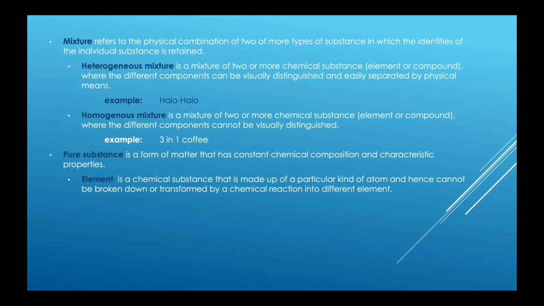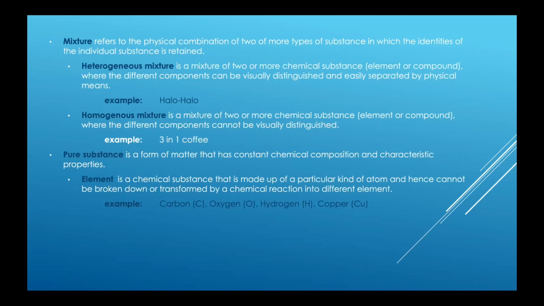So, element is one kind of atom. Ito na yung nasa periodic table nyo. Hindi mo na siya pwedeng i-separate pa into another chemical substance kasi siya na yung pinaka-base chemical substance. A good example of this are your carbon, your oxygen, the hydrogen, and your copper. Diba? Okay, gets ba natin?